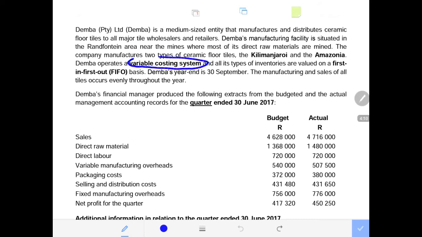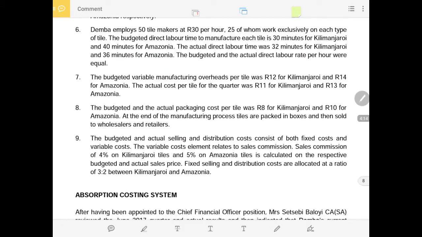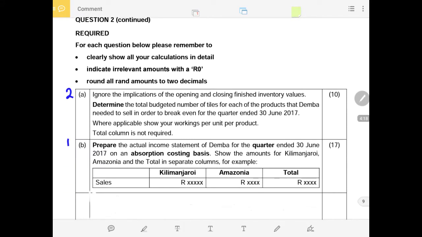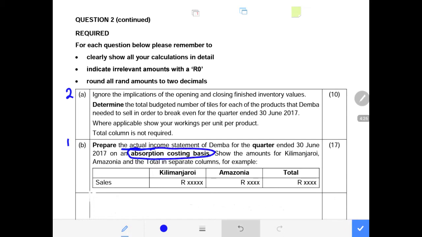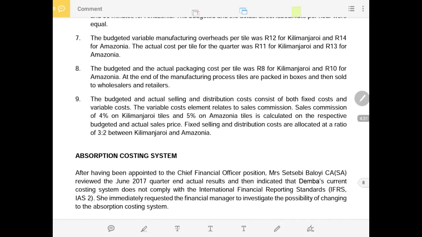They are using variable costing, but now we are required to use absorption costing. So that means the company is moving from variable costing into absorption costing. The income statement is for the absorption costing basis, not the variable costing income statement. So be mindful of that.